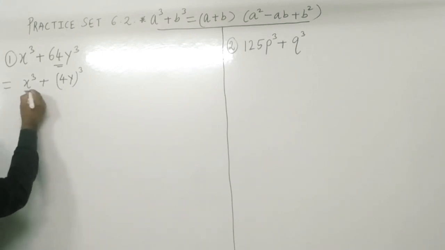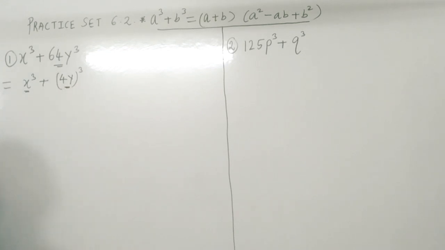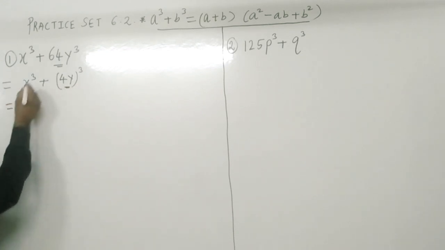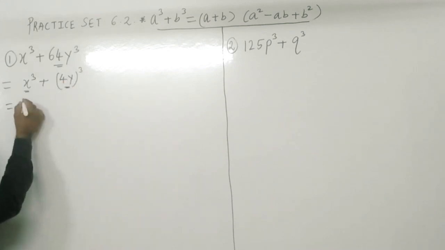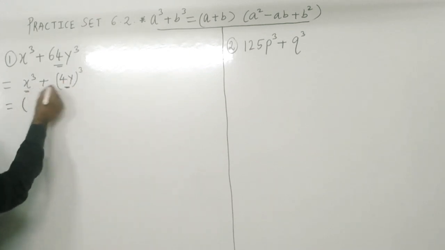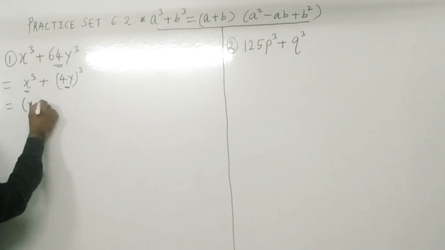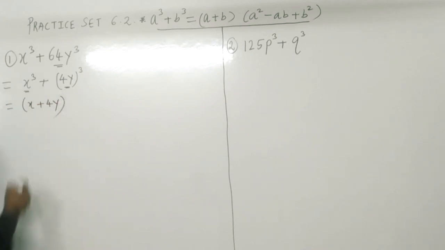So first bracket is a plus b, so replace here x plus 4y.